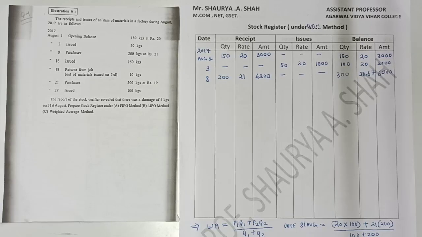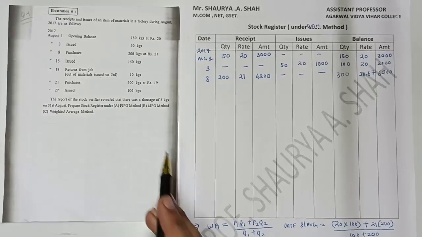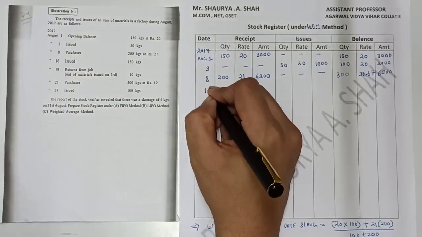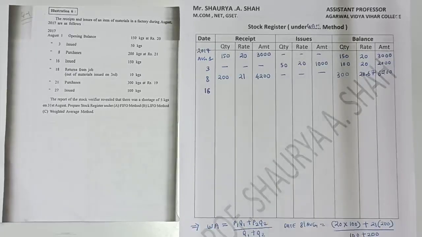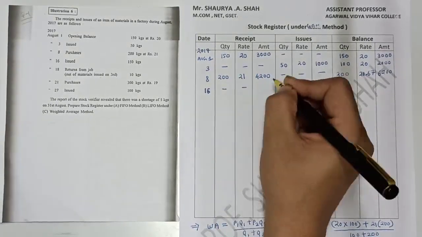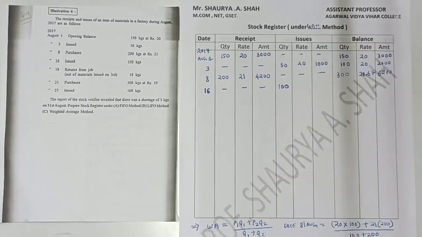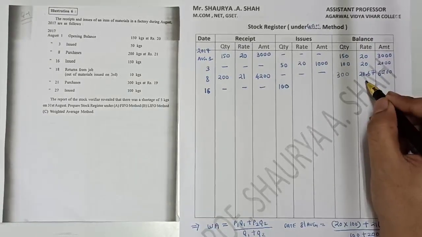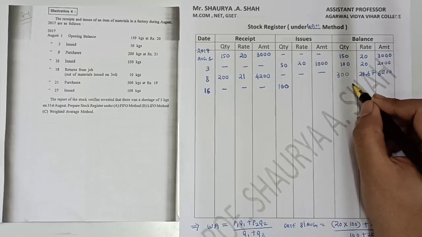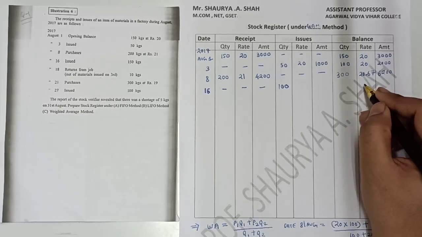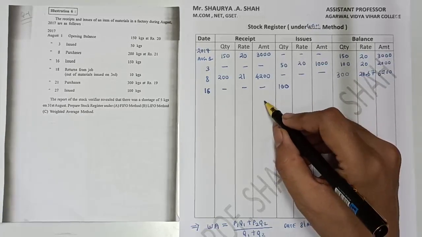Okay. Now again we have issued 100 kgs on 16th of August, right? So please write down, students, on 16th of August we have issued 100 kgs. So in quantity, write down 100. Now which price to be taken, students? The last price which you have written in the closing stock, because out of this 300 you have issued this 100 quantity, right?